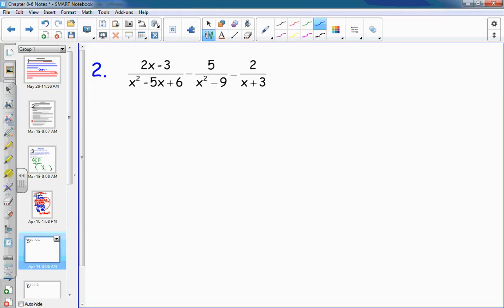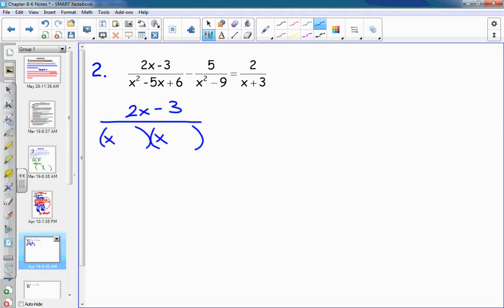And as you write down the first denominator, you realize that you can factor that into 2 binomials, correct? So if we do that, I drop down the 2x minus 3, and then I'm going to factor the x squared minus 5x plus 6. Now here's the kicker. I need an x and an x. My factors of 6, I need a positive 6. That means my signs must be the same.